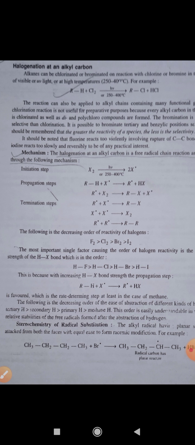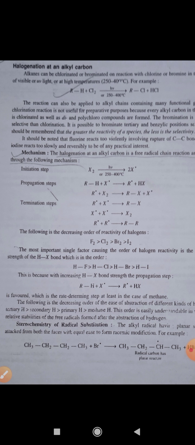In the termination step, all the free radicals combine with each other. As I already told you, in the termination step, all the free radicals that may be similar or different combine with each other to form a stable product like alkyl halide, dihalogen or alkanes.